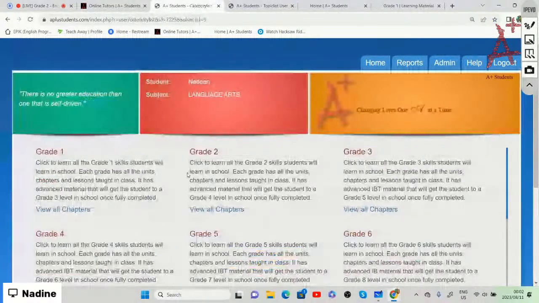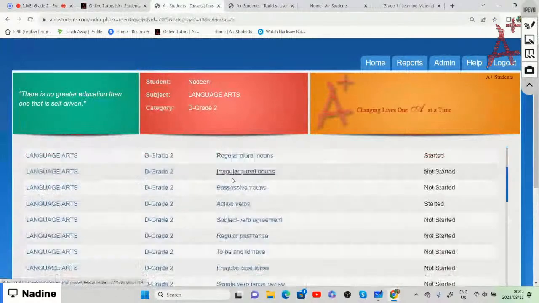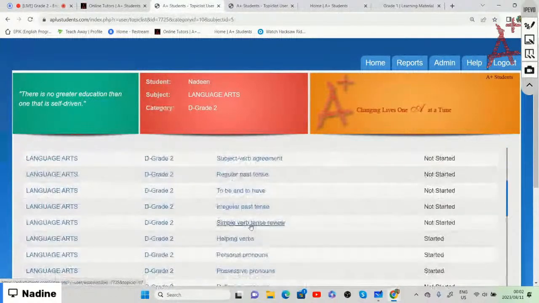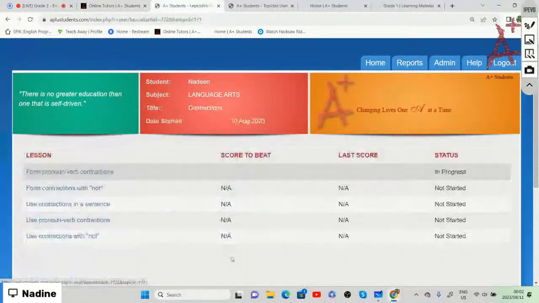Once we have logged in and selected language arts, grade 2, we're going to scroll down to the chapters until we get to contractions. So we're going to select contractions.